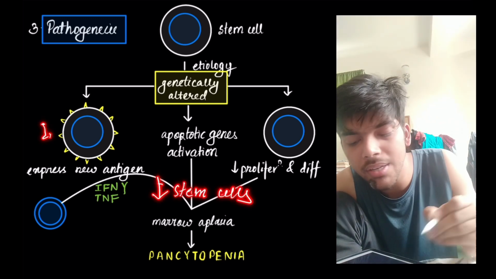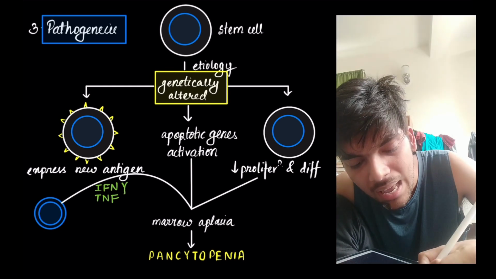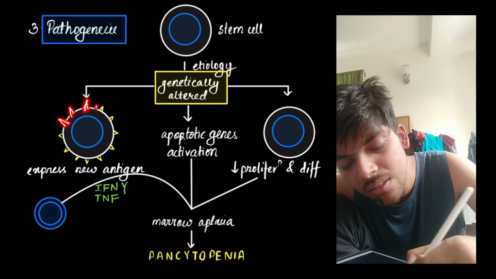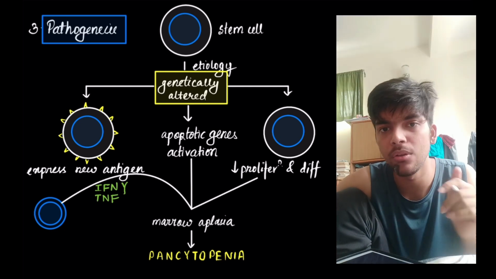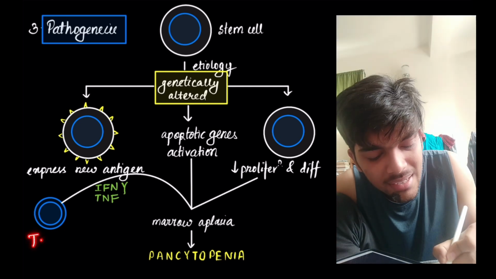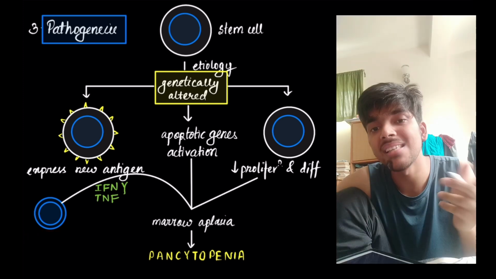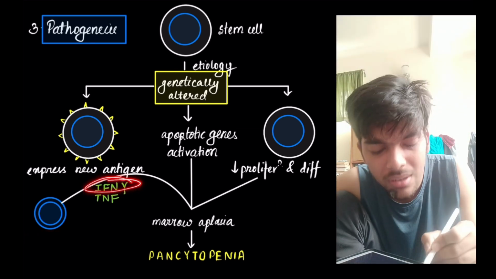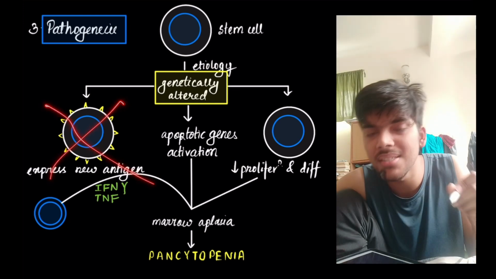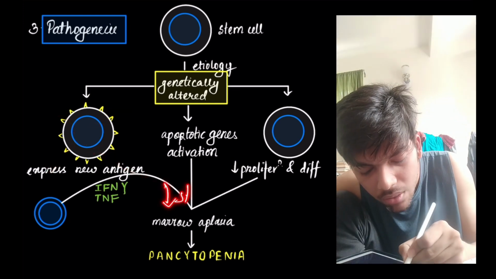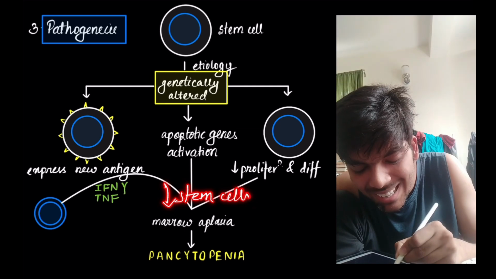And in first condition, since stem cell has expressed new antigens on its surface, these antigens are not recognized by your body. As a result, the T cells of your body secrete cytokines like interferon gamma and tumor necrotic factor to kill and destroy these stem cells. As a result, again, the number of stem cells decreases.